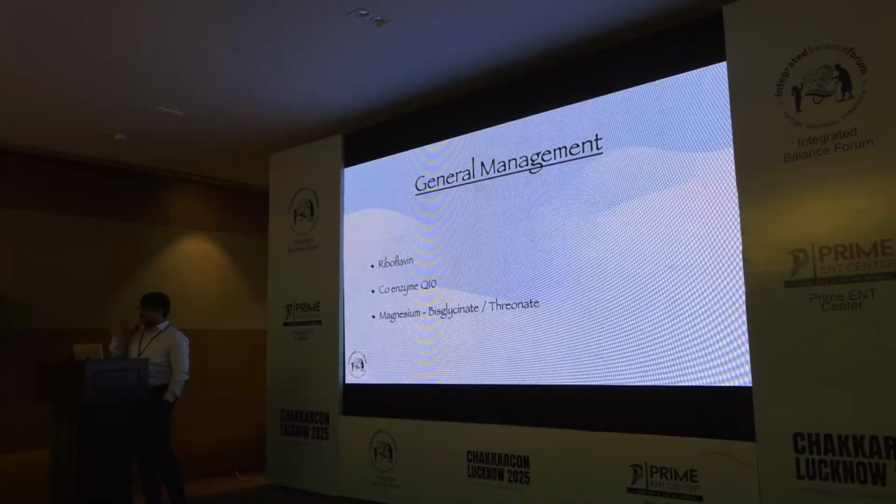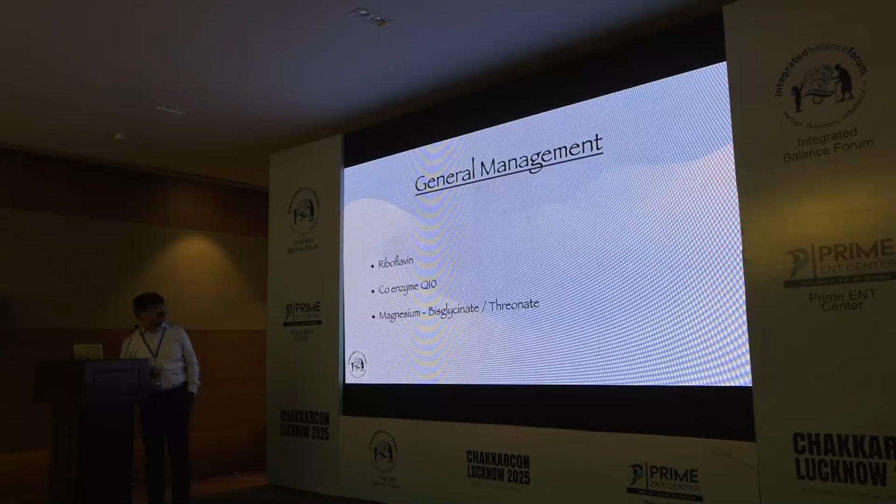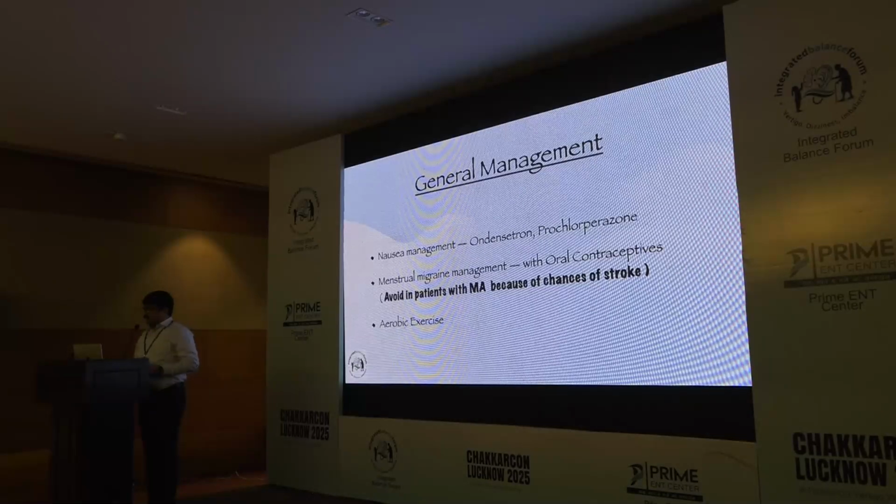Coming on to the general measures that can alleviate symptoms in migraine and vestibular migraine: one is riboflavin, the other is coenzyme Q10, and magnesium, particularly in the bisglycinate salt form or threonate salt form. For nausea management, ondansetron or prochlorperazine.